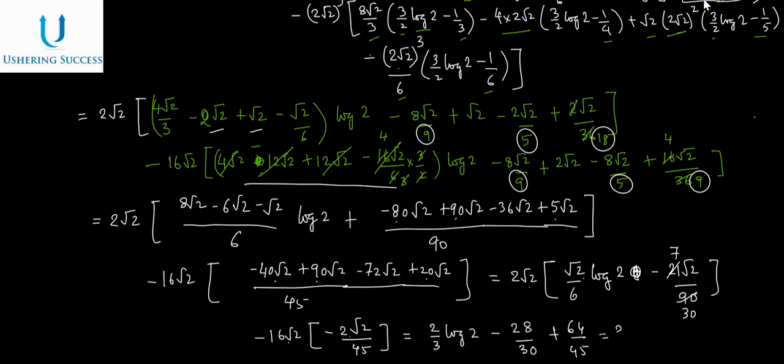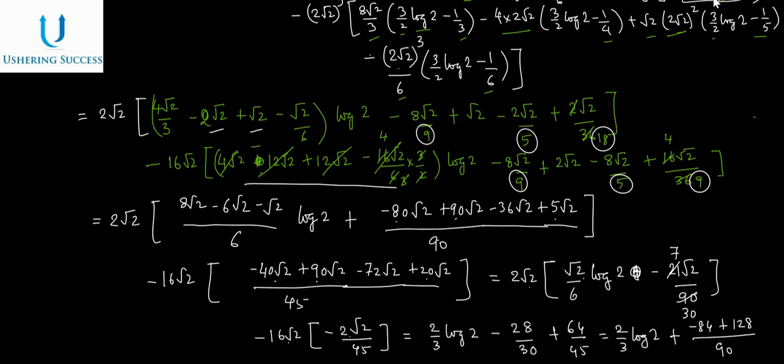So this is 2 by 3 log 2 plus I have 45 and 30, so I have to take 90 here. So minus 28 into 3 is minus 84 and plus 128.